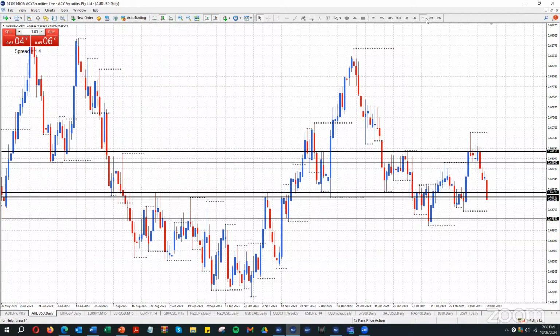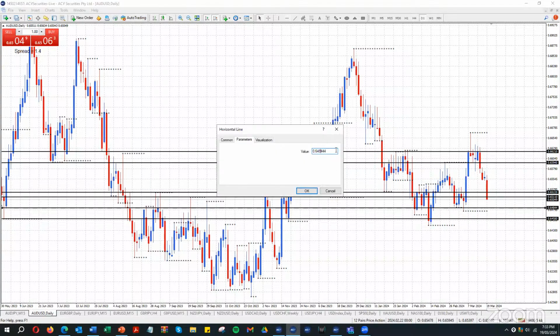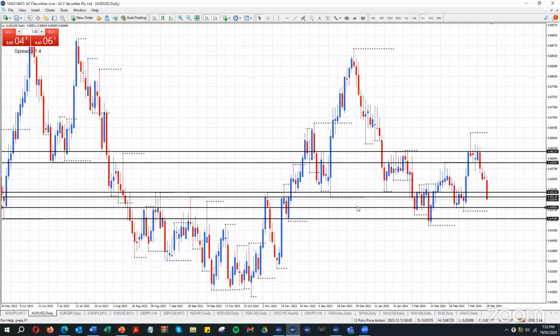So, the daily chart. This is going to be the sticky area: 64.85, 65.00, because that's where support's been coming in. Just about 20 pips below 65, buyers have been coming in.